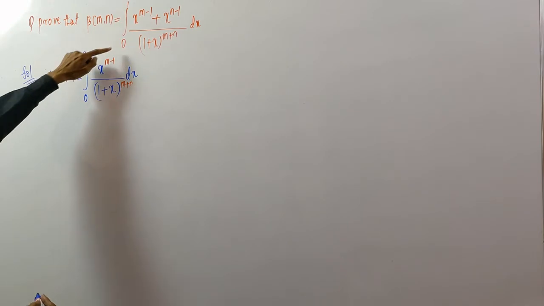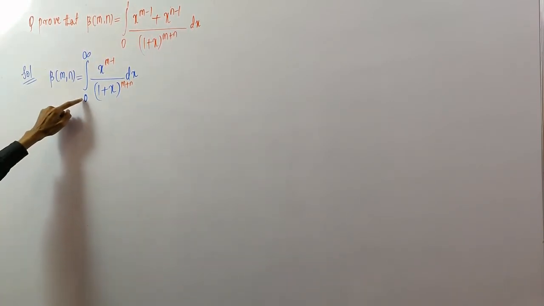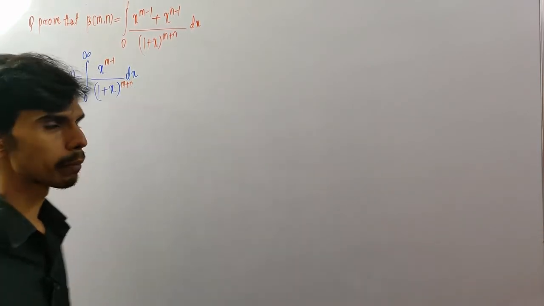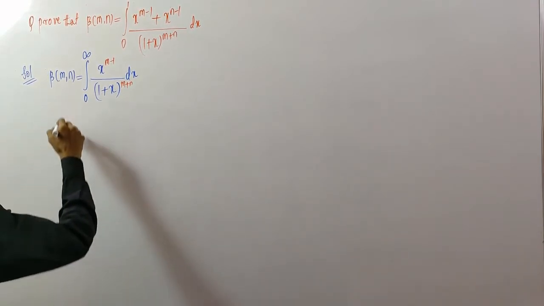Here we have 0 to 1 as the limit of this integration, and here we have 0 to infinite. So this 0 to infinite limit can be split into two limits, that is 0 to 1 and 1 to infinite.